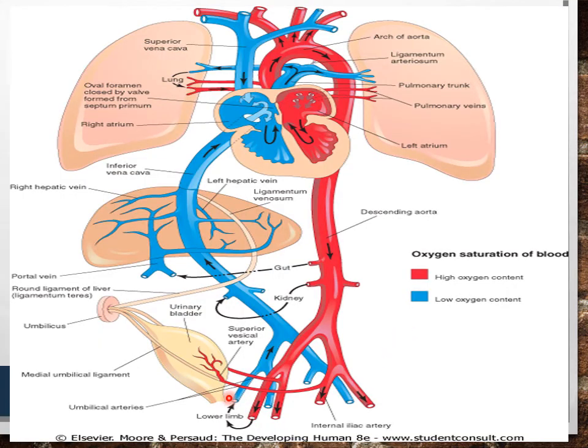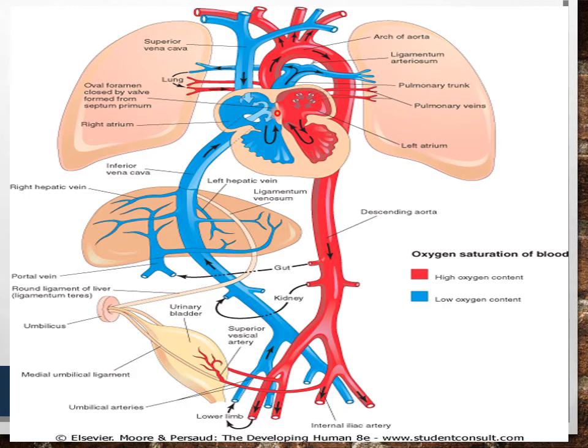And this picture is showing you the circulation after birth, in which you can appreciate easily there is no placenta, and this one is the area of the umbilicus. Here this umbilical vein is going to become the ligamentum teres hepatis from liver to the umbilicus, and the ductus venosus becomes fibrosed ligamentum venosum.